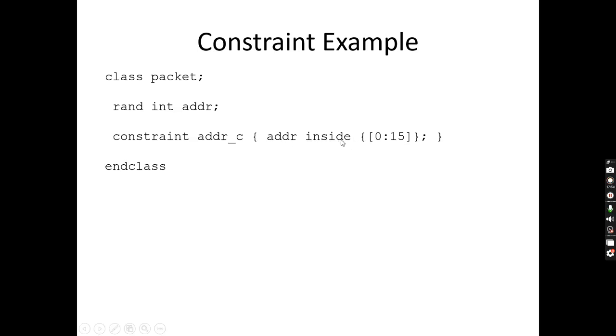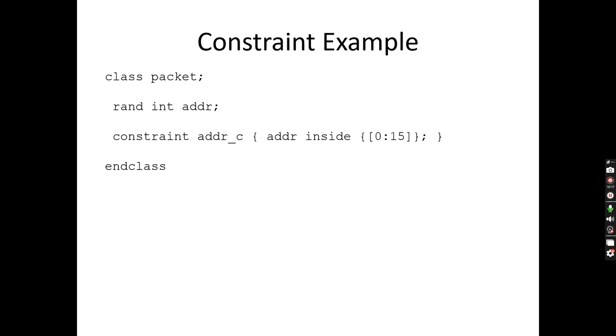Then 0 to 15. Now if you randomize this class using handle.randomize, only the values inside 0 to 15 will be allocated to this address, not more, not less. So that's how you can restrict the data.